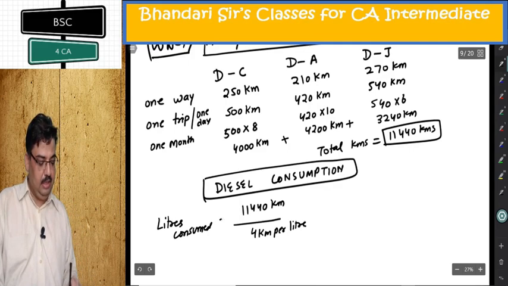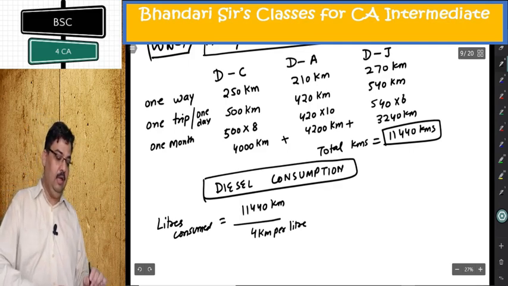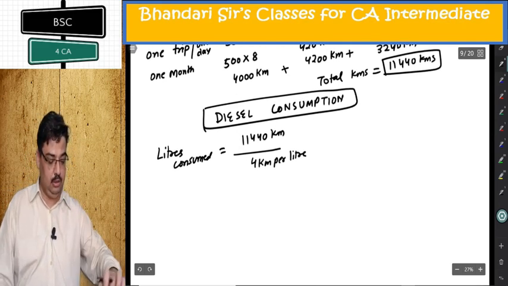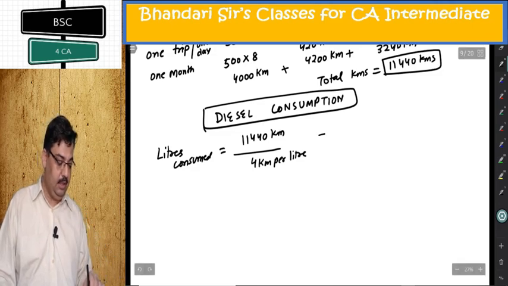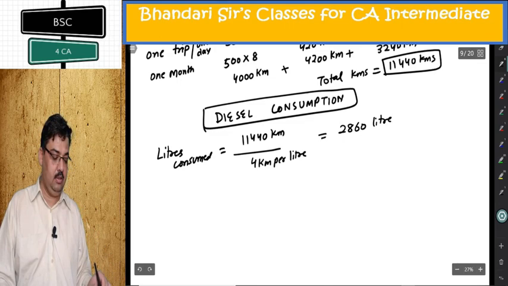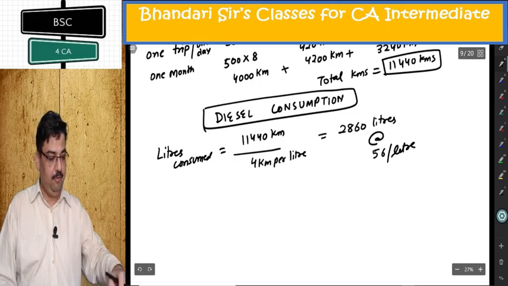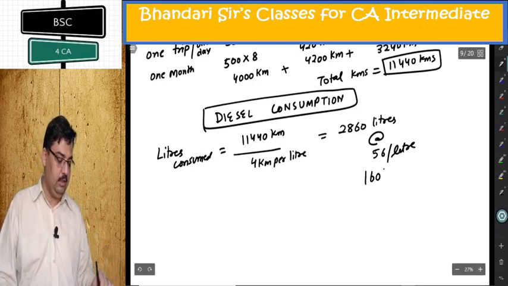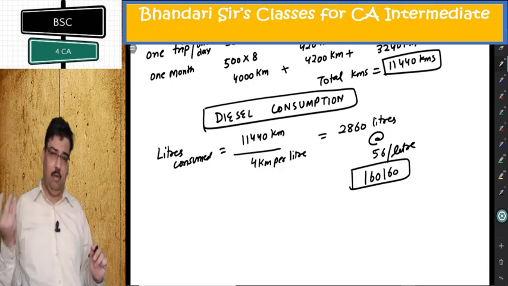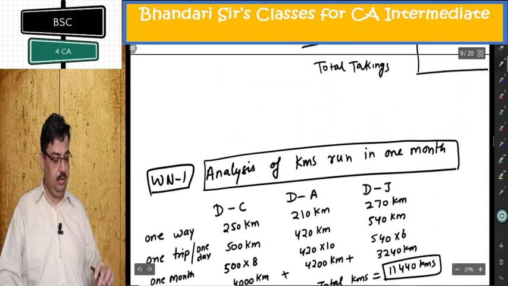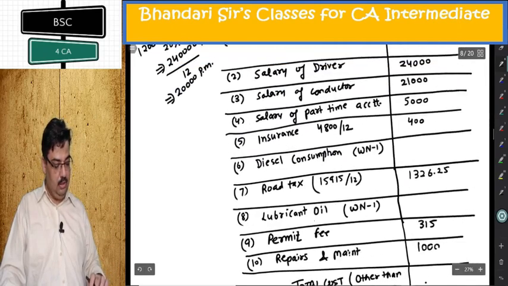They are basic things, they don't require any rectification of formulas. You need to concentrate on basic thing. 2860 liters at the rate of 56 per liter, multiplied by 56, 160,160. That is the cost of diesel. Huge cost always. Diesel is going to be costly there.